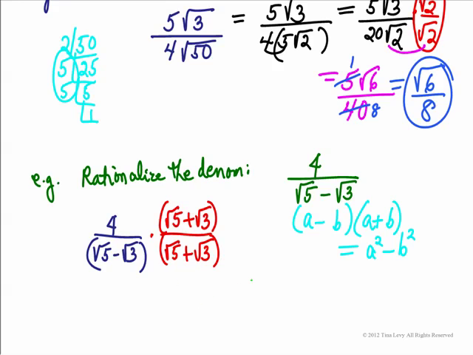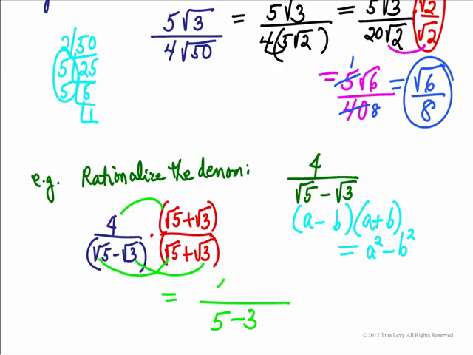What I get in the denominator is radical 5 times radical 5, which is 5. The inner is negative radical 15 plus radical 15. With difference of squares, the inner and outer become 0. And now minus radical 3 times radical 3 is minus 3.